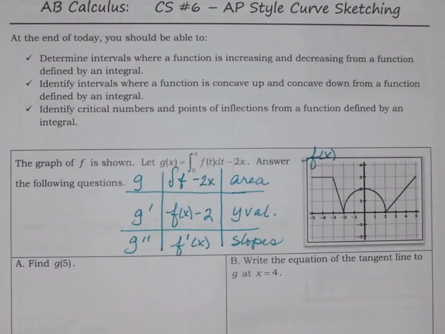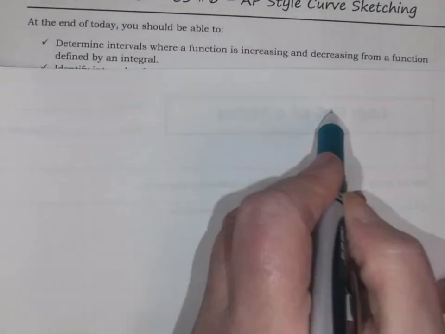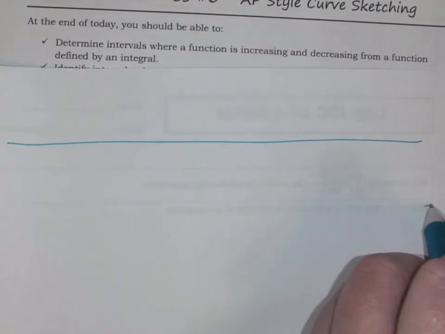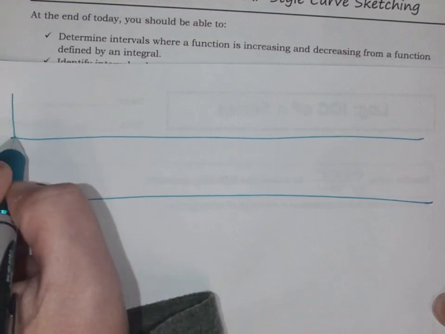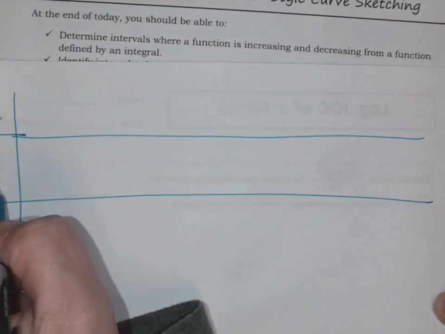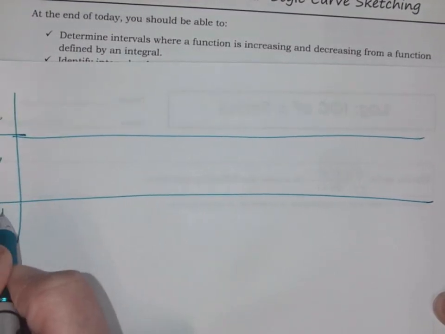Now, the other thing that we have is our fun chart. Let's write out our fun chart. Hopefully you have this memorized. So remember, on our fun chart, we have f prime, and f double prime.